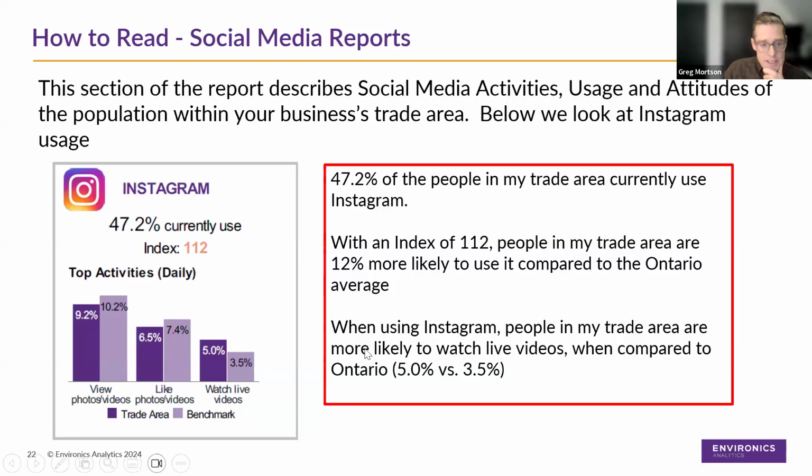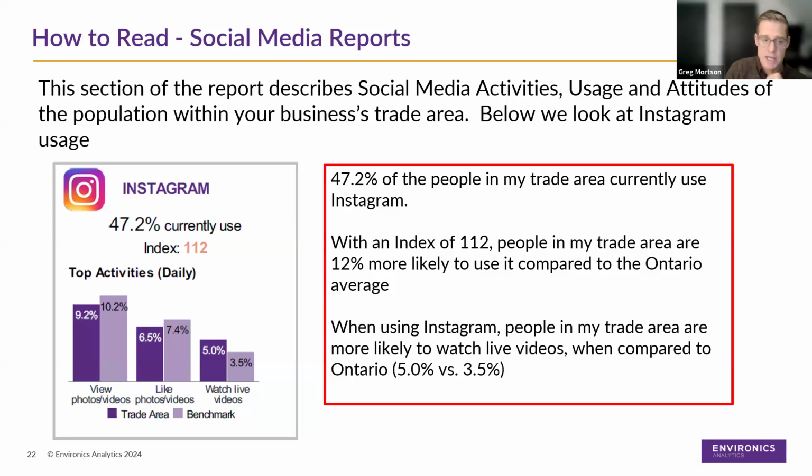Again, similar to what we looked at for the other media channels, you can see what activities they're doing on a daily basis within each of these social media feeds. For Instagram here, it's ranked based on the percentage of what people do on this channel in your trade area.